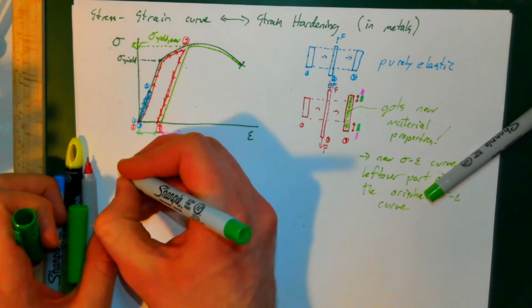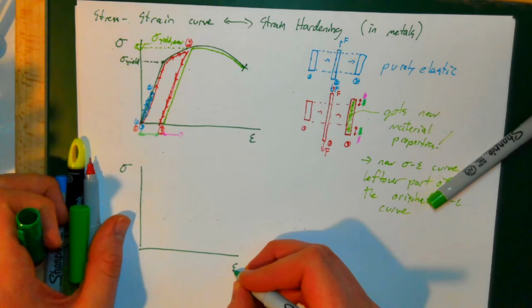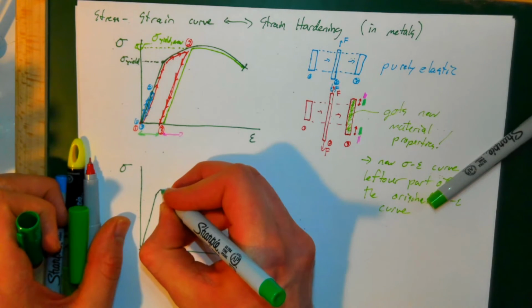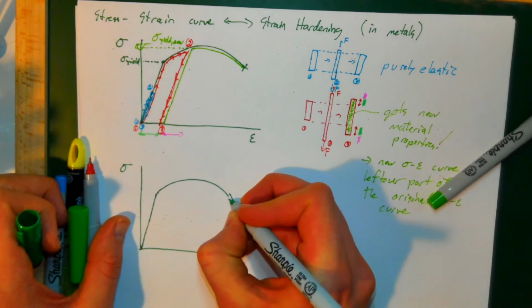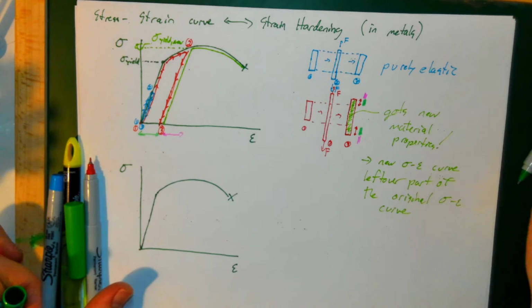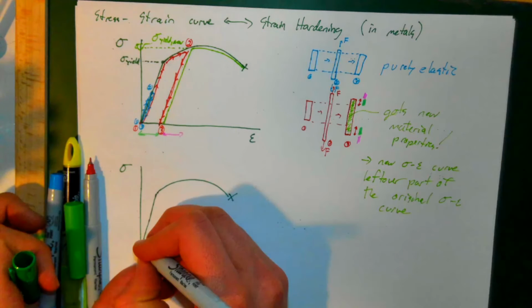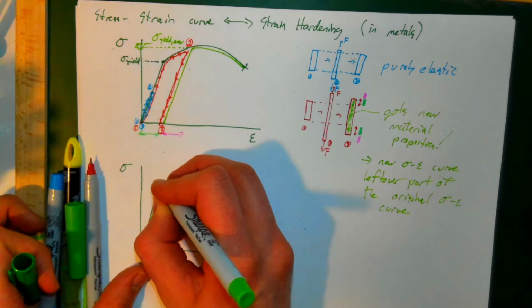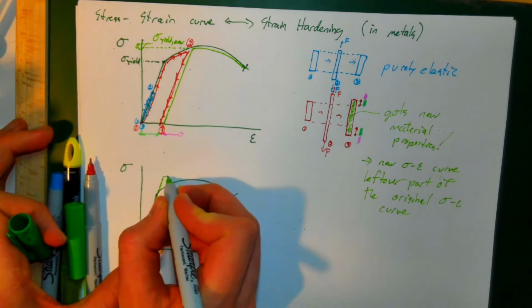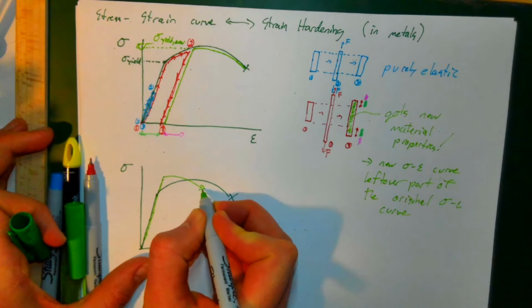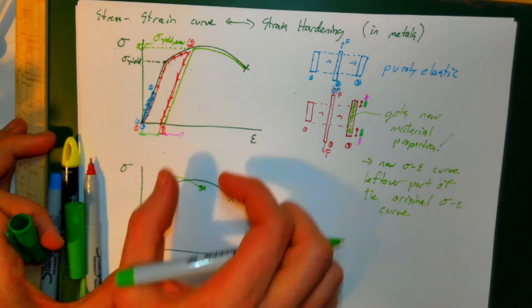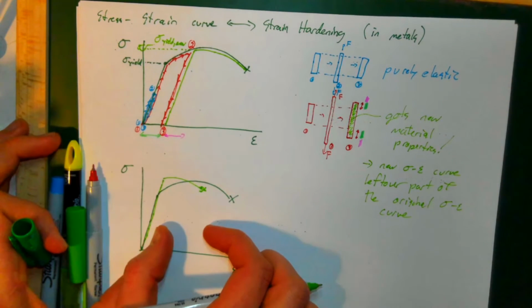If we plotted stress versus strain, the original curve looks like this. The new curve looks like this. They lie on top of each other for a little while, but we now have a higher yield stress, and only this much strain between when the fracture is.